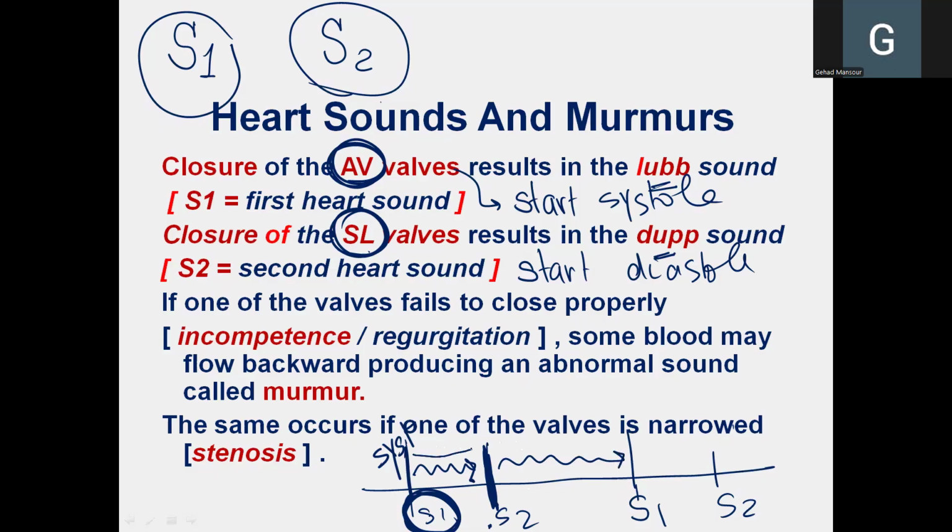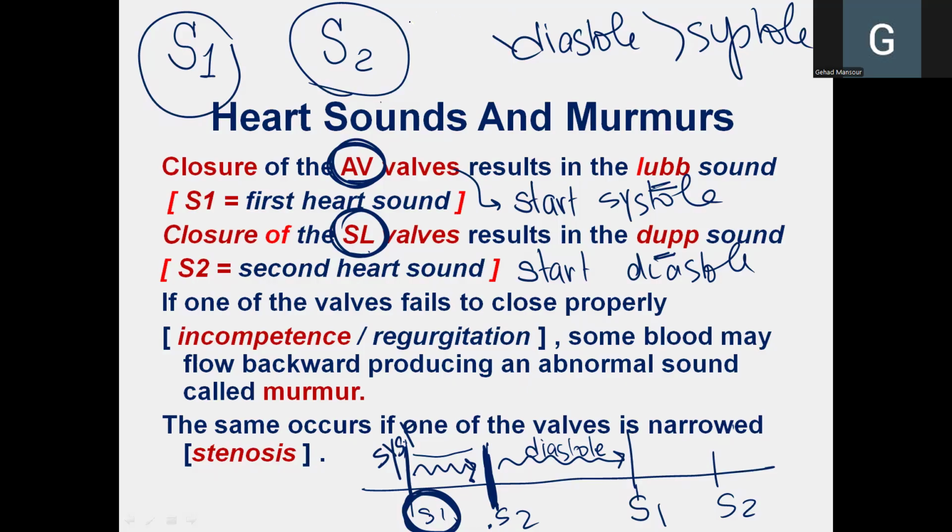So what does this duration represent? It represents systole. And what does this duration represent? It represents diastole. And needless to say, diastole is longer than systole. This is normal because diastole is the time of relaxation of the ventricle. So if I ever ask you, why is diastole longer than systole?